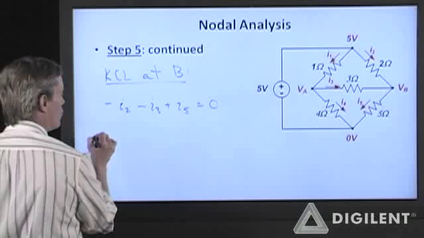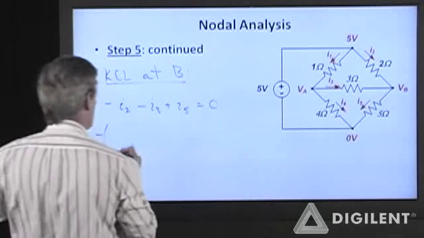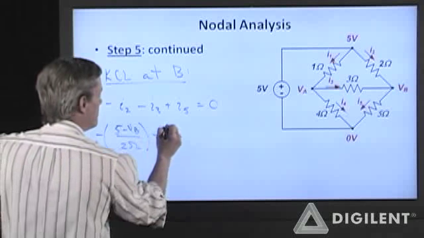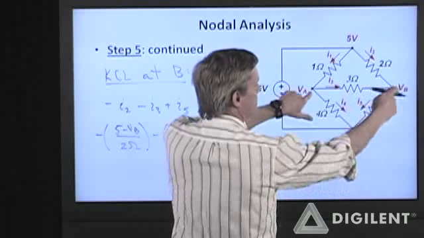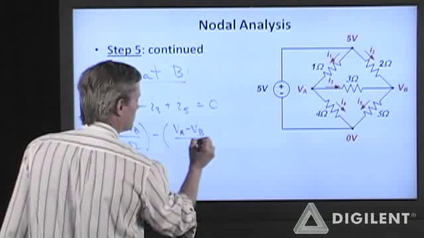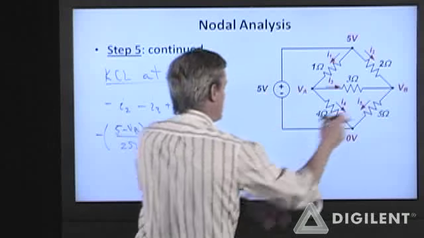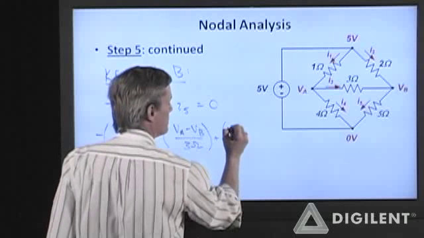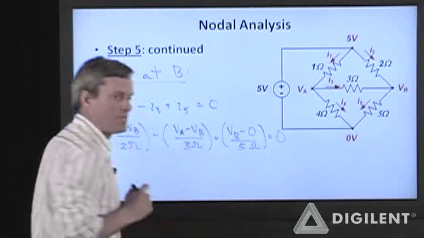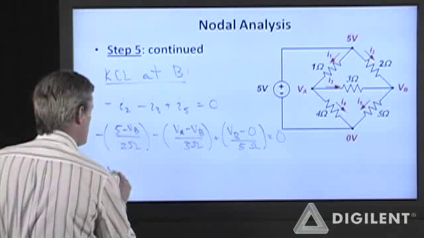Substituting in using Ohm's law, I2 is (5 minus VB) over 2, so I have a minus (5 minus VB) over 2 ohms. Minus I3, which is (VA minus VB) over 3 ohms. Plus I5, which is (VB minus 0) over 5 ohms. That's equal to 0.